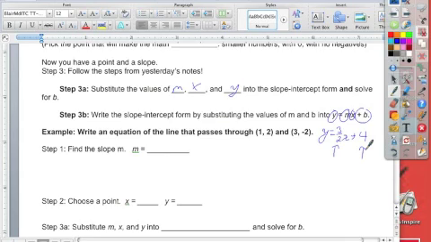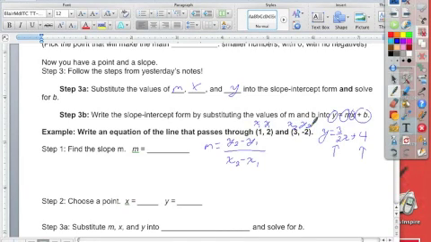Now it says write an equation of a line that passes through 1, 2, and 3, negative 2. Knowing this, I need to find the slope m. So I'm going to use the equation m equals y2 minus y1 over x2 minus x1. I'm going to label this x1, y1, x2, y2.